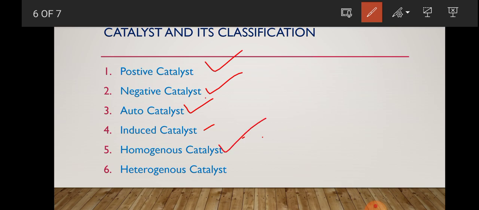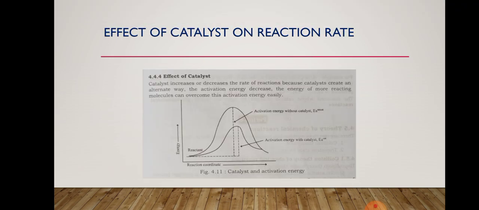And lastly, heterogeneous catalyst: the reaction in which the reactant and the catalyst are in different physical states or phases, then it is called a heterogeneous catalyst. Now you already know what a catalyst is and what types of catalysts there are.